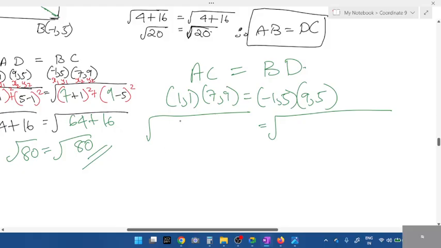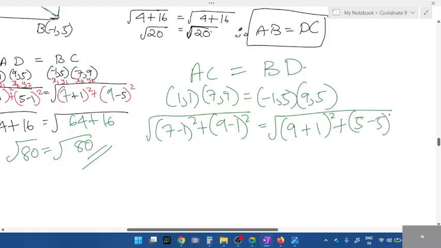Be quick. 7 minus 1 the whole square and 9 minus 1 the whole square. Here, 9 minus or 9 plus? 9 plus 1 the whole square plus, yes, 5 minus 5, right?